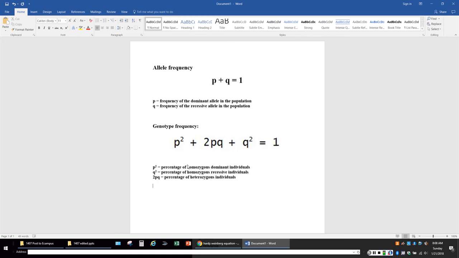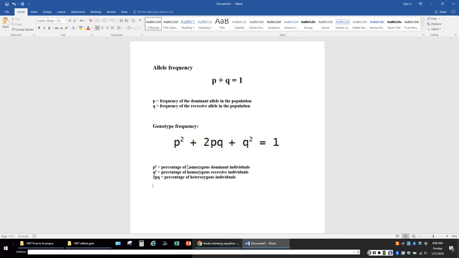So the first thing we're going to talk about is calculating allele frequency. So remember, an allele is a variant of a gene. So maybe you have a gene for fur color and you might have two different alleles. Maybe one that gives you brown fur and one that gives you white fur.